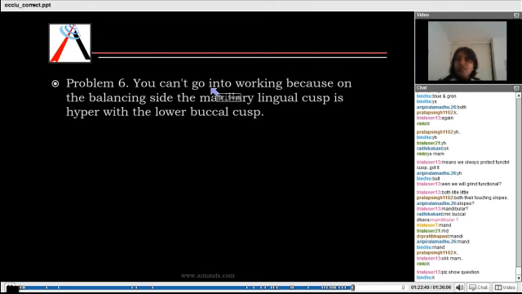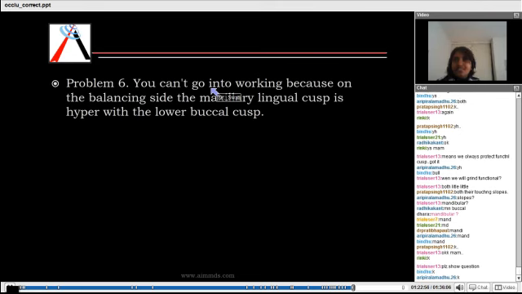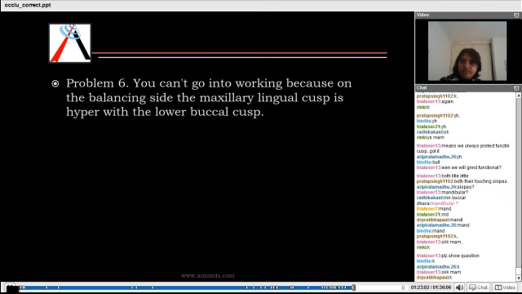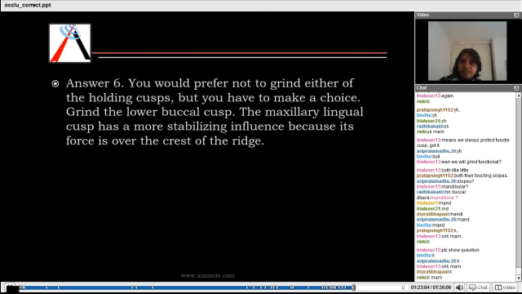Some of them say grind maxillary. Grind mandibular. Do not touch the maxillary. And this is one of those justifications wherein they say that. Okay? Clear?